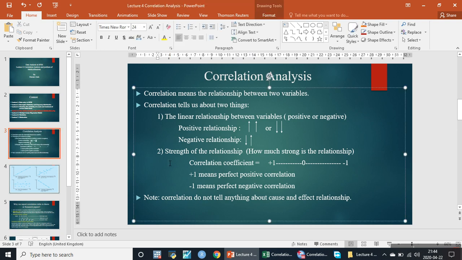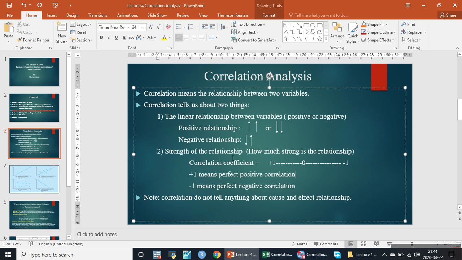The second thing is the strength of the relationship, that is, how strong the relationship is. Zero means no relationship. There is zero relationship between variables. And plus 1 means there is perfect positive correlation. Negative 1 means there is perfect negative correlation between variables.